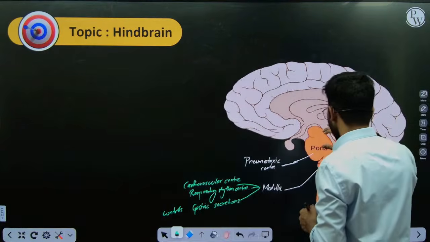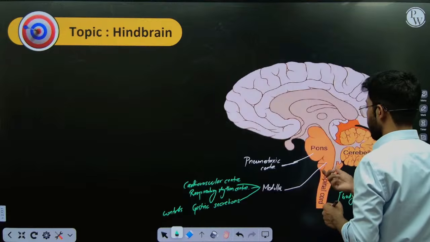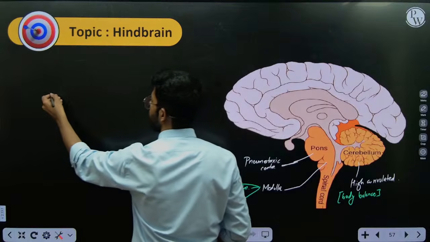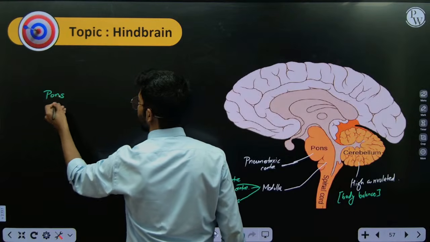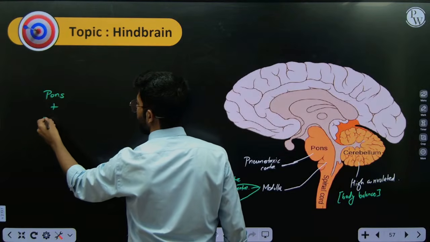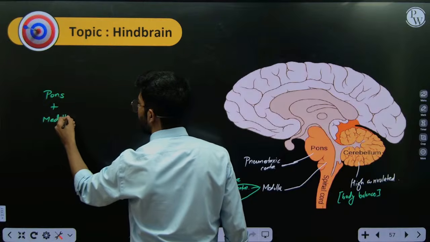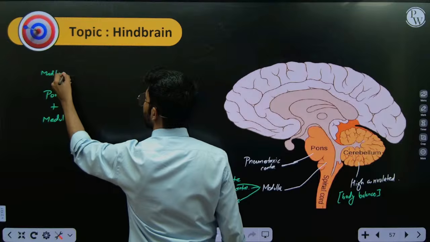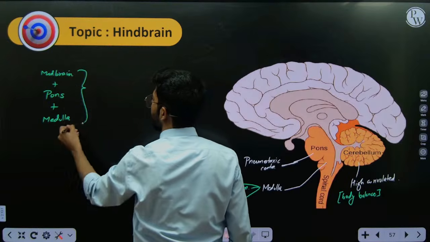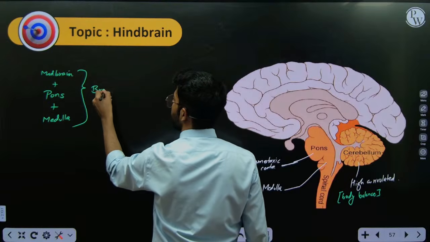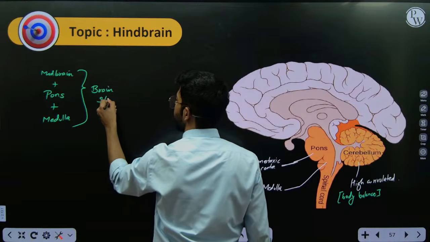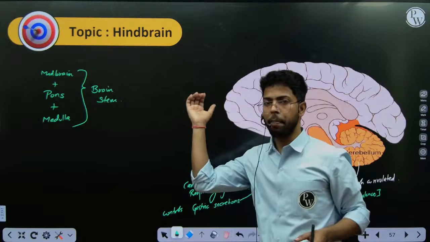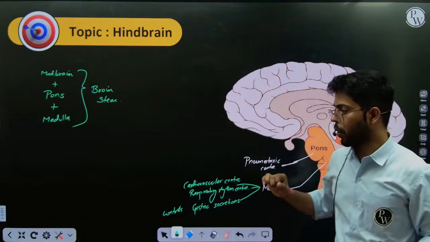So the pons, the medulla oblongata and the midbrain are considered as the brain stem. That means the brain stem connects the brain part to the spinal cord.